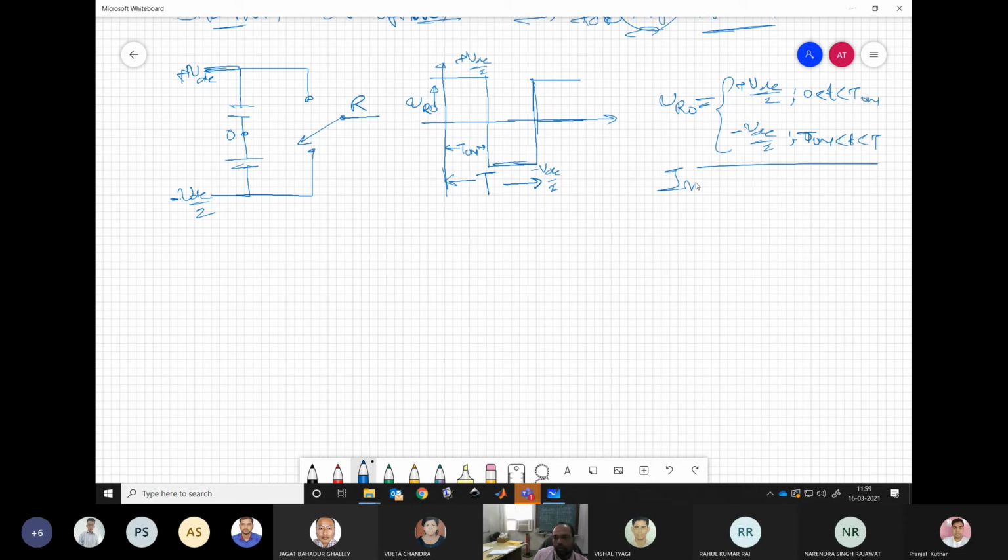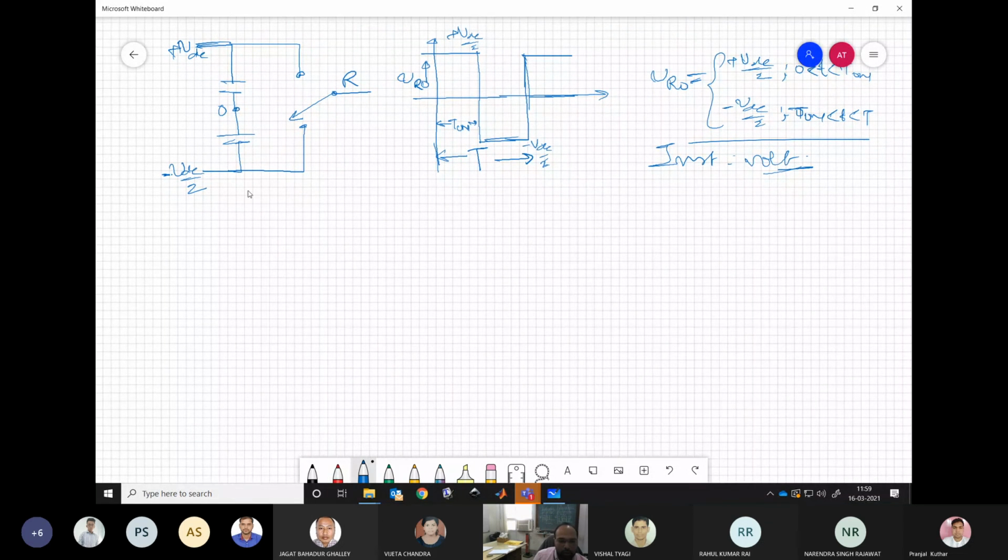Now we know that for this instantaneous pole voltage, we can have our average pole voltage given as the voltage multiplied by time during T on and during T off, divided by the total time T, so 1 by T. So we average, let us say I indicate it by a symbol, something like this.